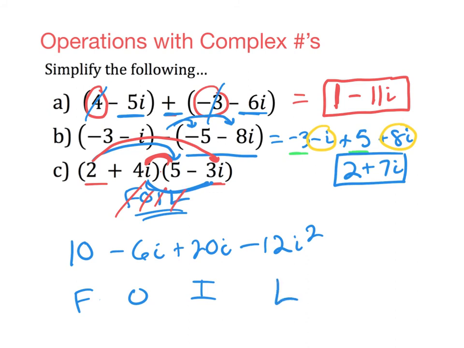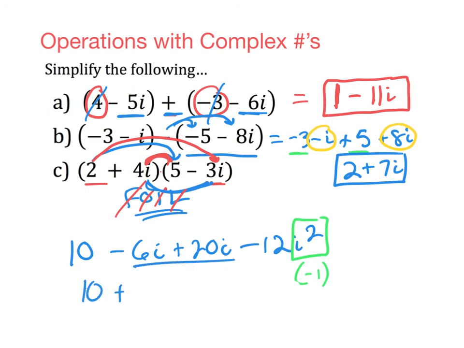Now the next step is collecting like terms, and what you're going to notice here with multiplying, especially for these ones, you have an i squared involved, and you should have an i squared involved, especially if both terms involve an i. And remember, we can replace i squared with -1 there. And so final answer here, if I collect the 2 middle terms, so let's see, we got 10, the 2 middle terms become +14i.